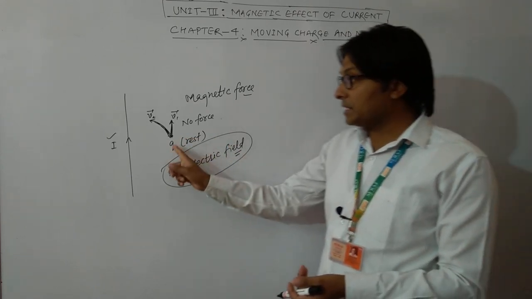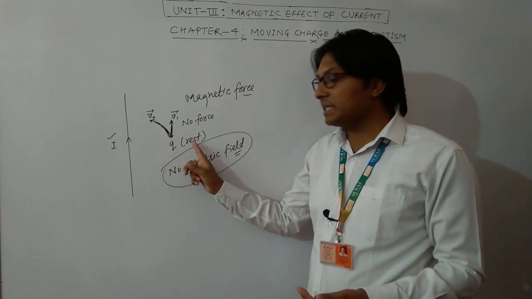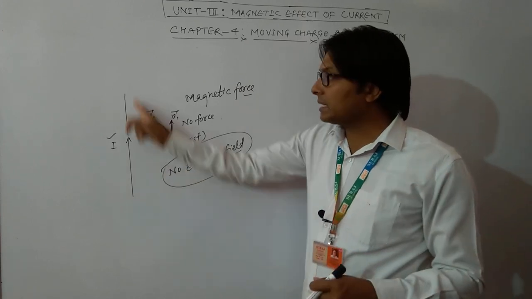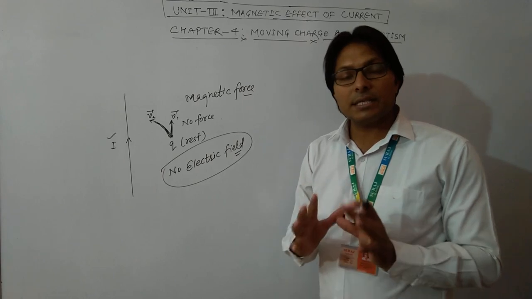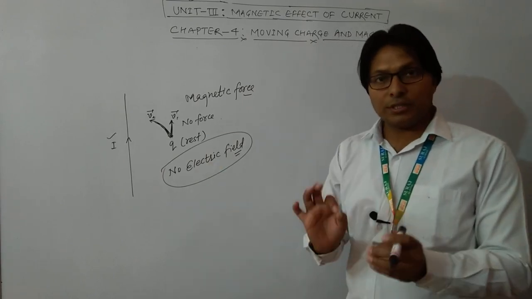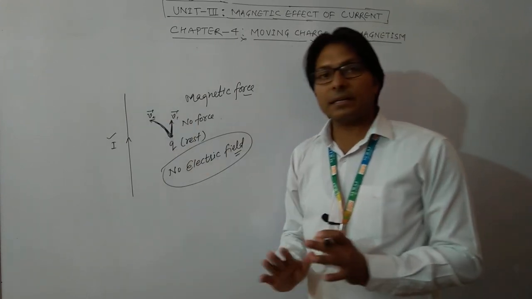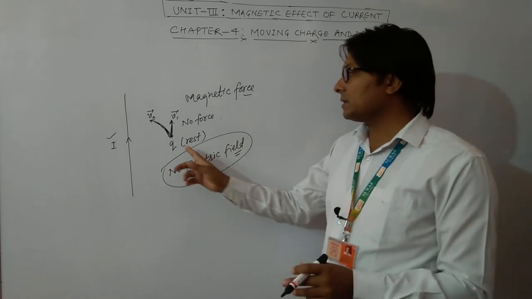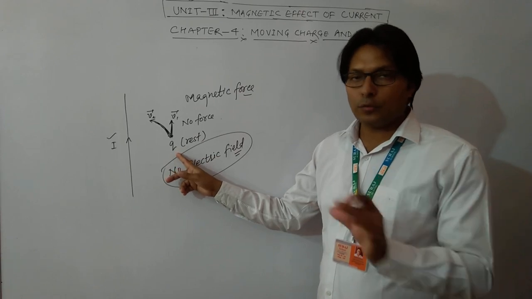But since this charge q is not experiencing any force when it is in rest position, therefore we can conclude that a current carrying conductor does not produce electric field. So one thing that we are sure about is that a current carrying conductor never produces electric field, and that is the reason why the charge at rest was not experiencing any sort of force.